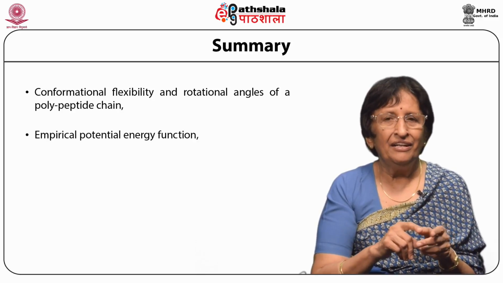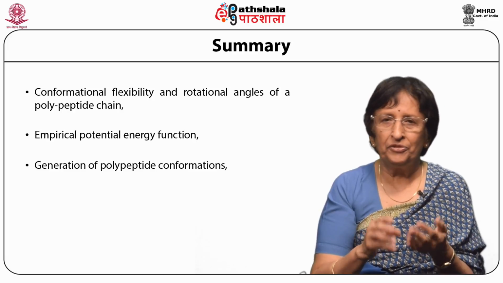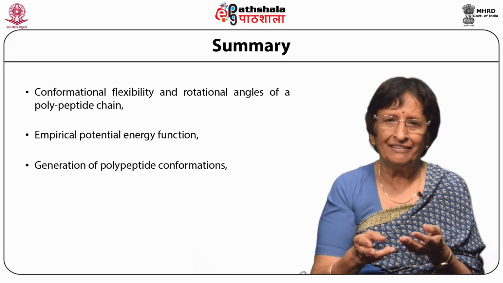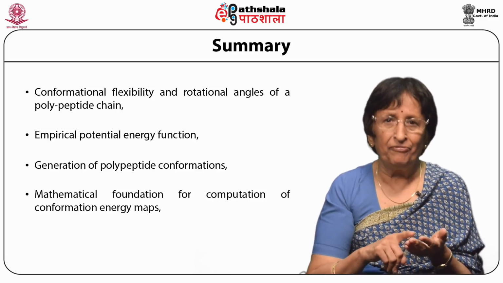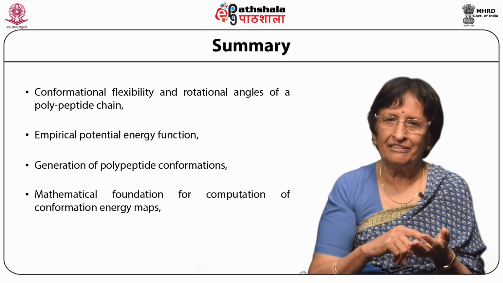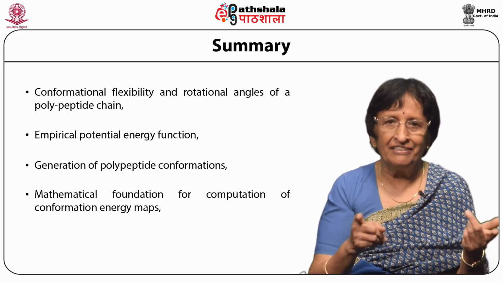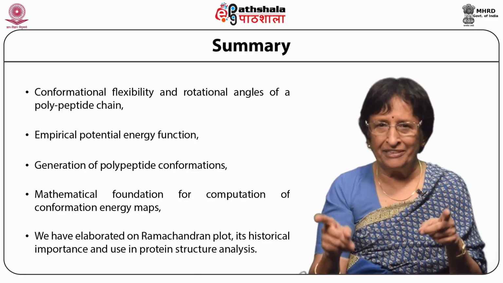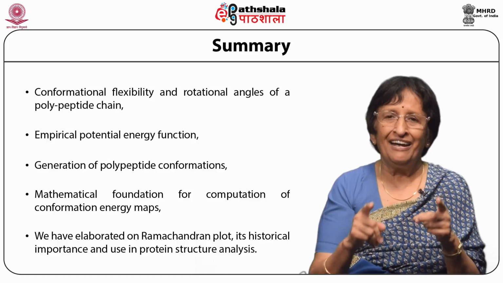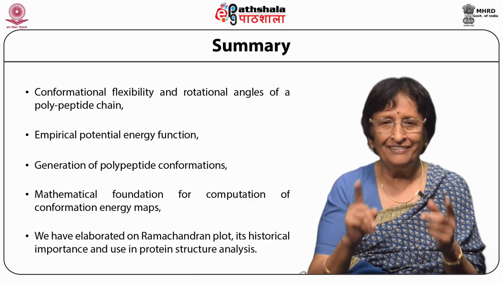We learned how to generate different polypeptide conformations using bond length, bond angle, and torsional angle data. We gave the mathematical foundation for computation of conformation energy maps. And the most important thing is we elaborated on the Ramachandran plot, its importance, its historical nature, and its great use in protein structure analysis. Thank you very much.